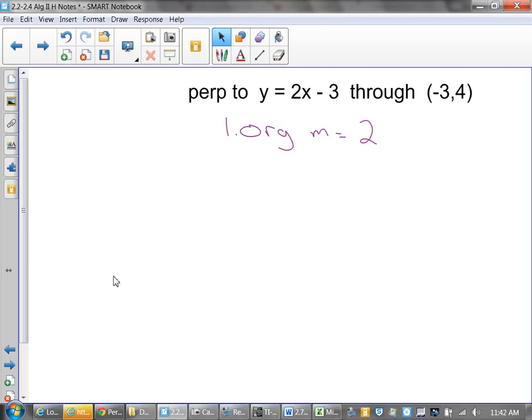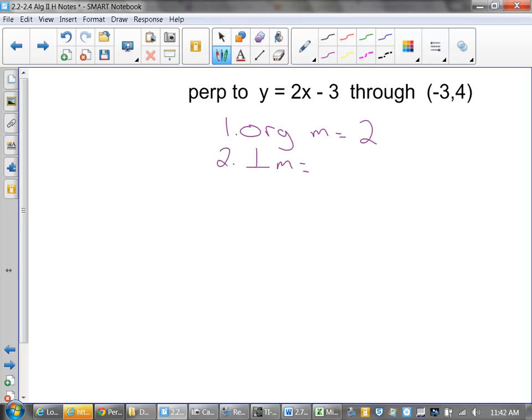It's a perpendicular problem, which means I need to find a perpendicular slope. So what's the perpendicular slope to 2? Negative 1/2, good. And now just use point slope. By forcing yourself to slow down and ask this second question, is it parallel or perpendicular, you'll be less likely to make any mistakes on these things.